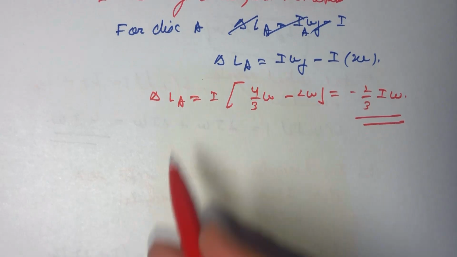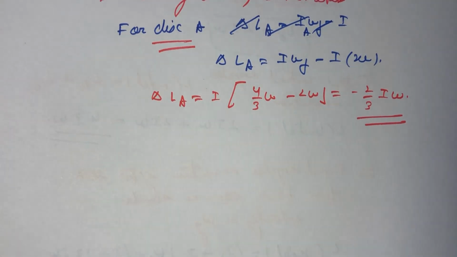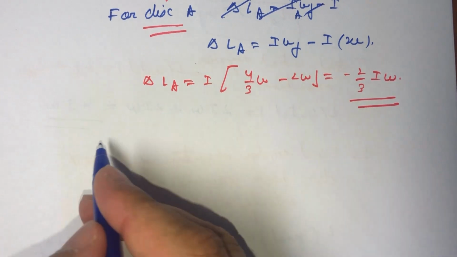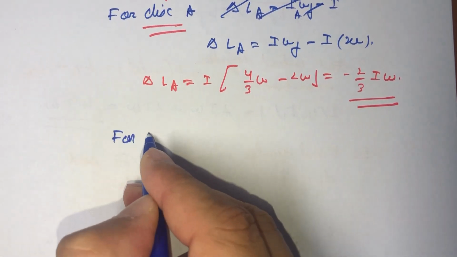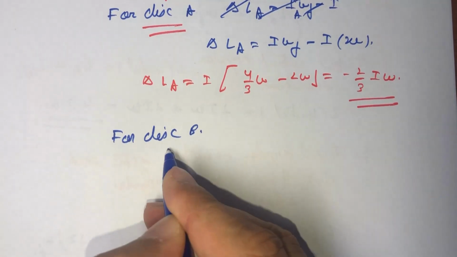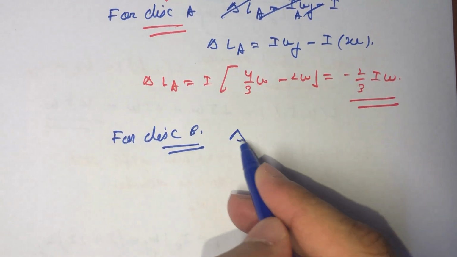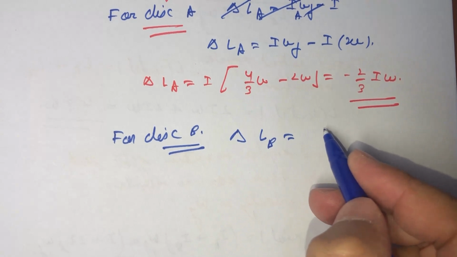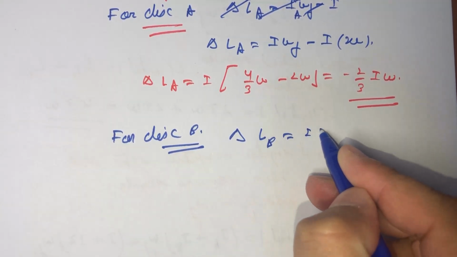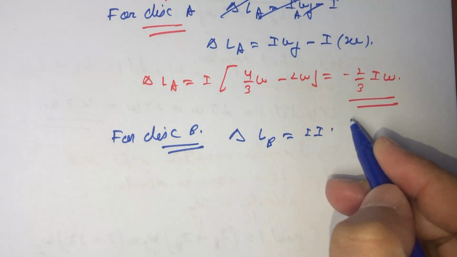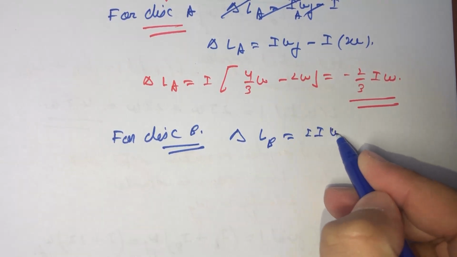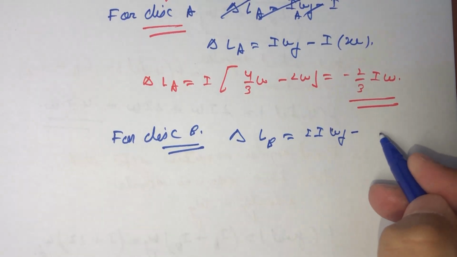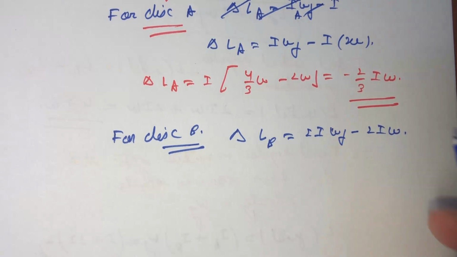So we found out for disk A. Similarly, we can say for disk B. For disk B, delta LB will be equal to, moment of inertia is given as 2I, 2I omega f minus 2I multiplied by omega.